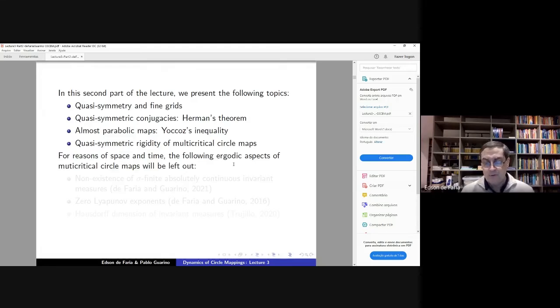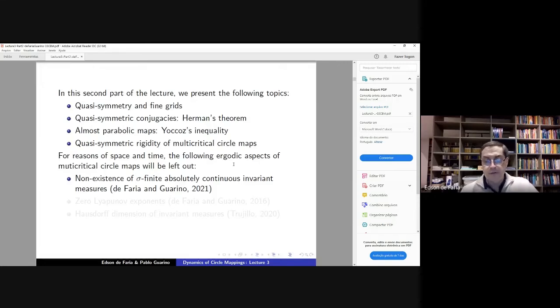Okay, so there are some interesting results that we present in chapters 8 and 9 of the book, some of which are actually our own results, developed in collaboration with Pablo Guarino. One such result states that there are no sigma-finite absolutely continuous invariant measures for these maps.